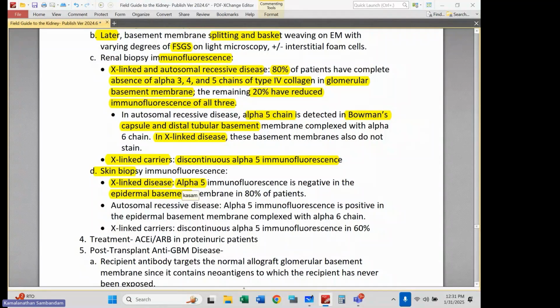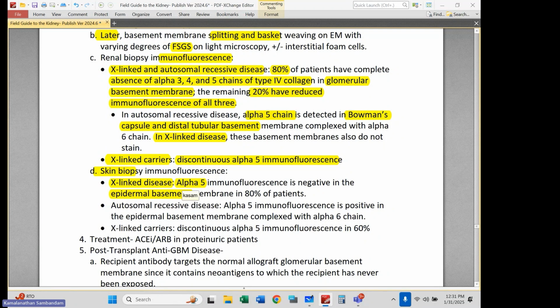Let's bring that back to the bedside. If I have a child I'm worried about for Alport syndrome, and they're worried about undergoing a kidney biopsy, I can perform a skin biopsy and look for alpha-5 staining in the epidermal basement membrane to make a presumptive diagnosis of Alport syndrome.